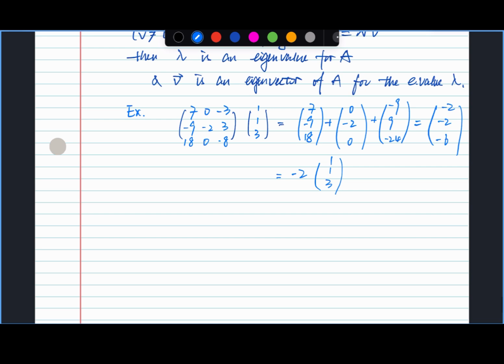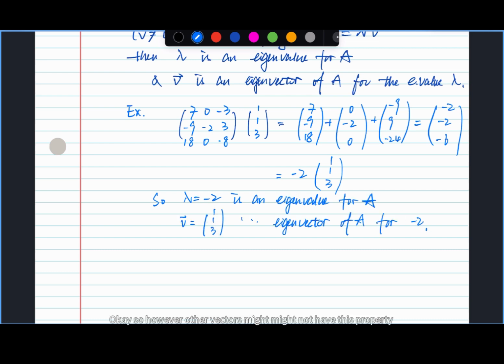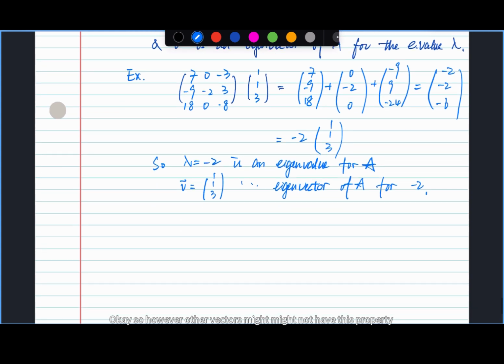So in this case, lambda equals negative 2 is an eigenvalue. However, other vectors might not have this property. So both eigenvalue and eigenvector are special for a matrix.